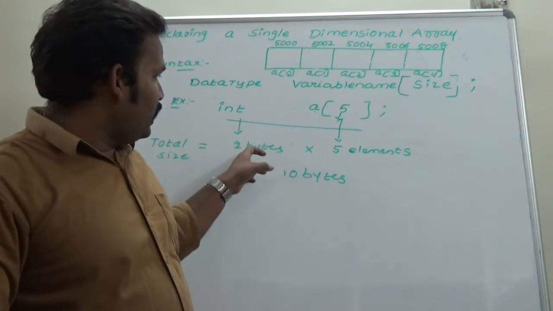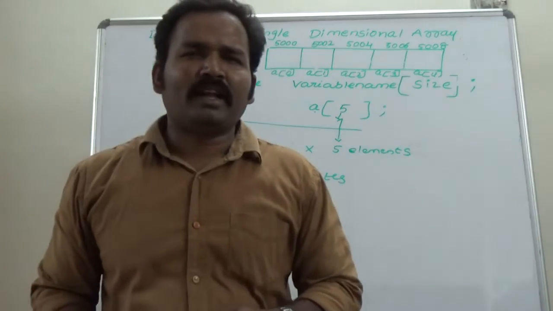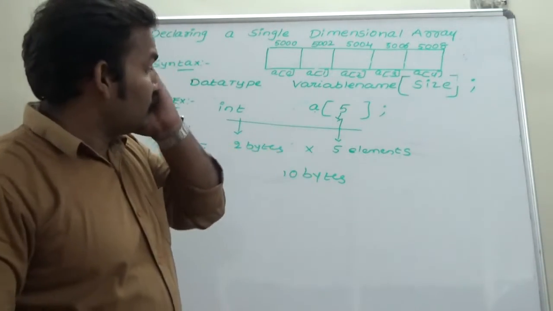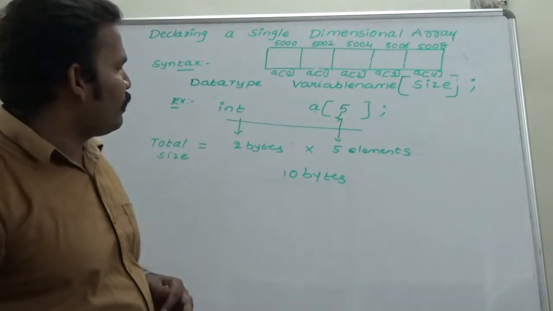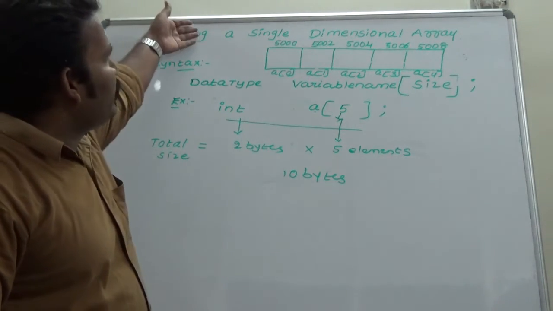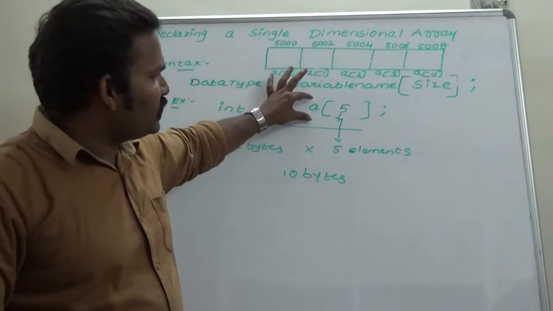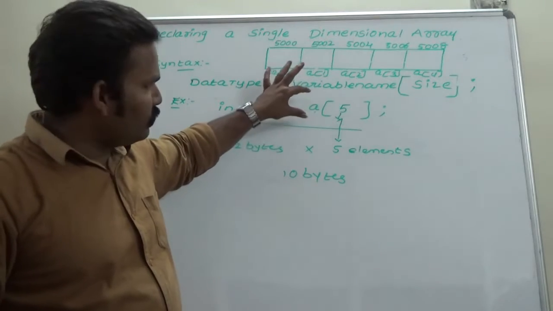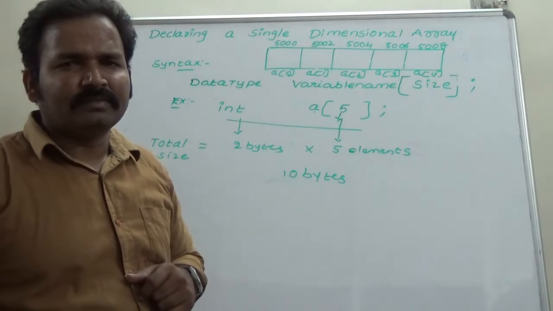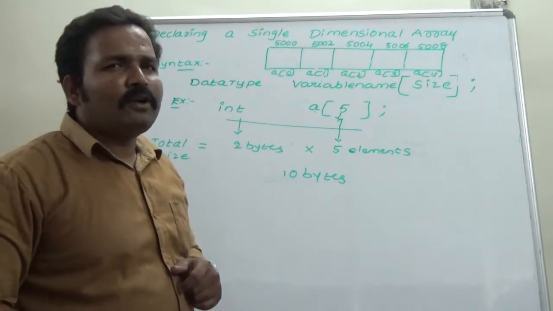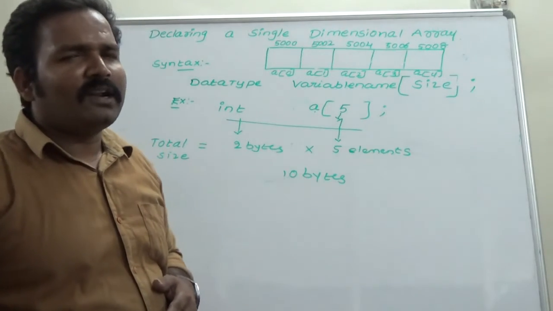Memory allocation depends upon the compiler, so sometimes it is 2 bytes or 4 bytes also. So this is about declaring a single dimensional array. Up to now we just declared an array with 5 locations, but we have not assigned values to that array.